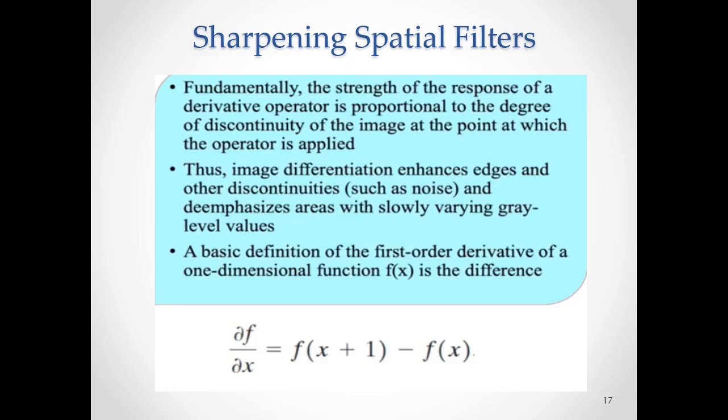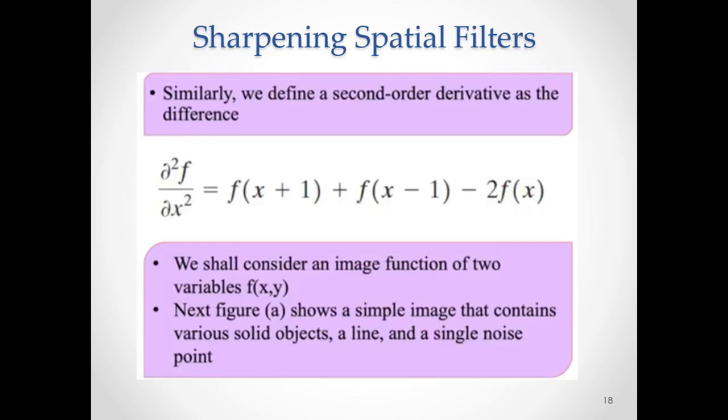In the second order derivative, f(x+1) plus f(x-1) minus 2 f(x). So, using these three values we can define the second order derivative. These two are the definitions that satisfy the conditions of first order and second order derivatives.